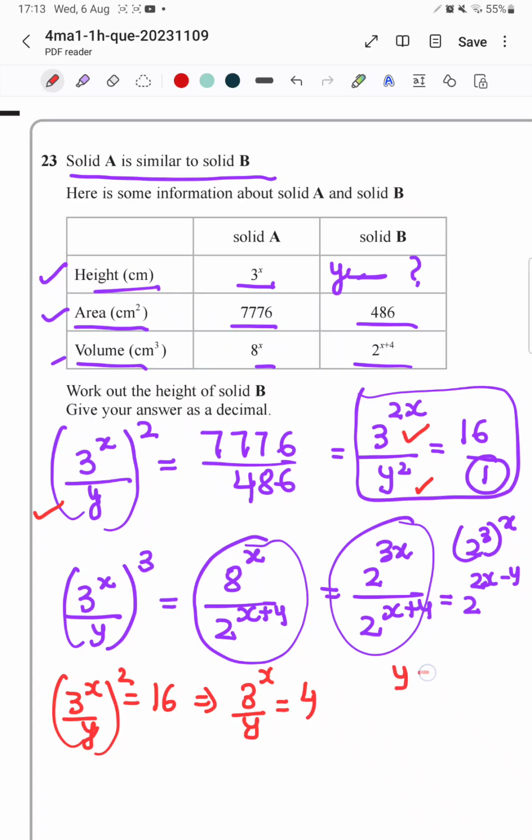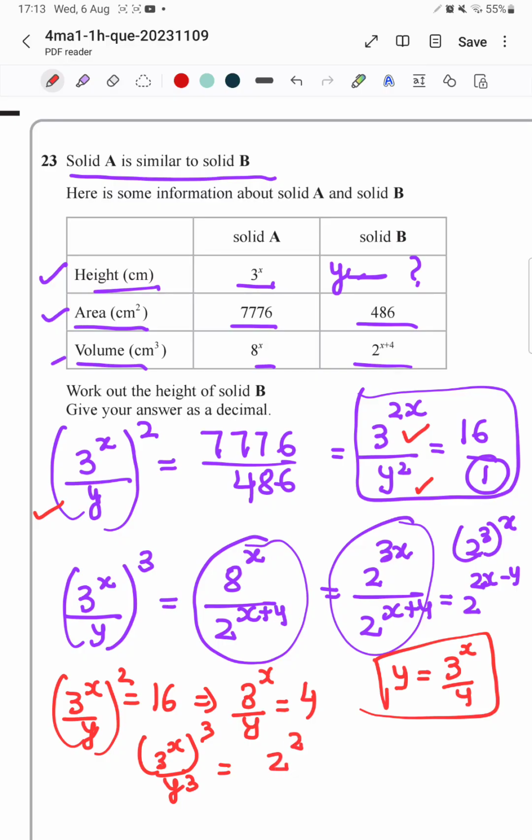So I can say that y is equal to 3 to the power of x divided by 4. This is one relation. Another relation we got is 3 to the power of x over y, cubed, is equivalent to 2 to the power of 2x minus 4. We can use these two things in order to solve our question.